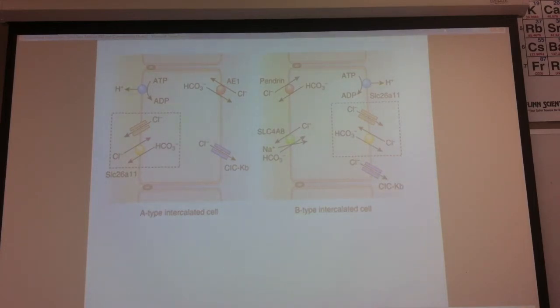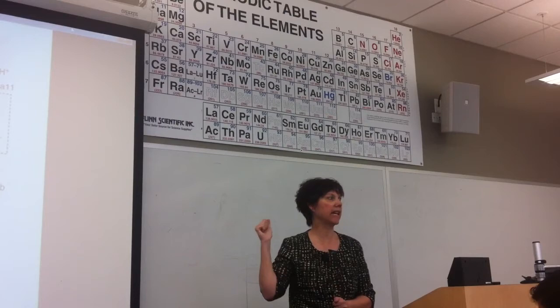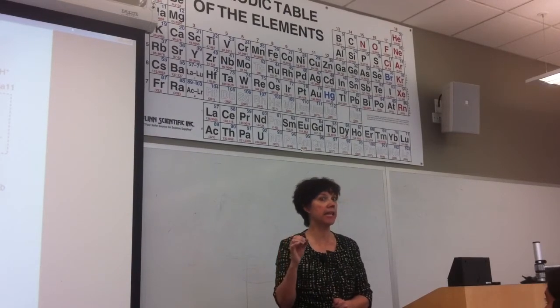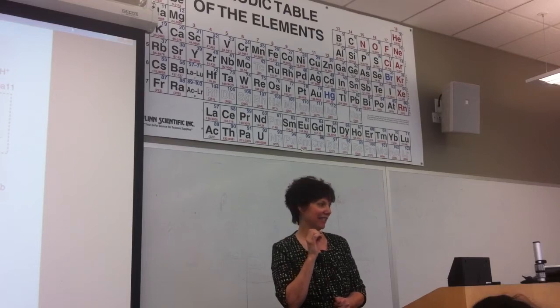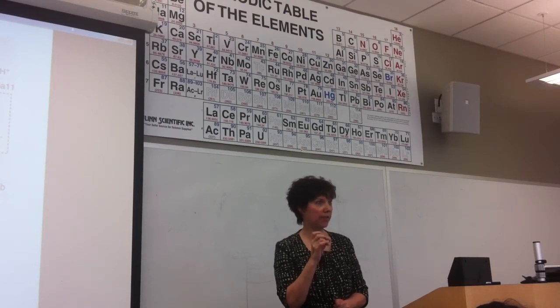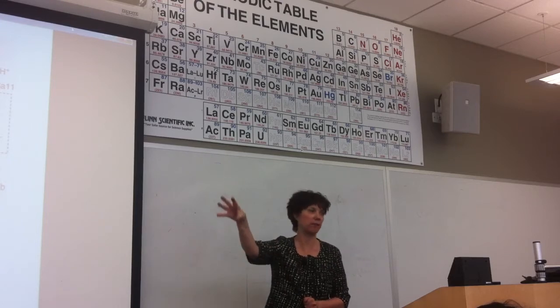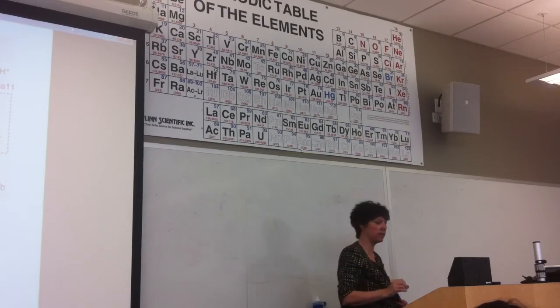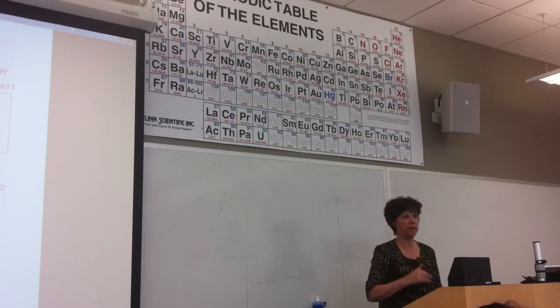Again, it's concentration, because of where more of the ions are located. So I just want you to recognize that type B intercalated cells secrete bicarbonate ions and reabsorb hydrogen ions. That's the opposite of what we've just talked about. We do have some cells that do that, because they have these channels on the opposite membranes.